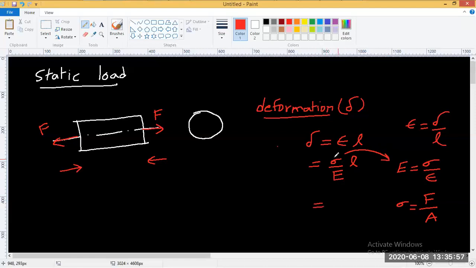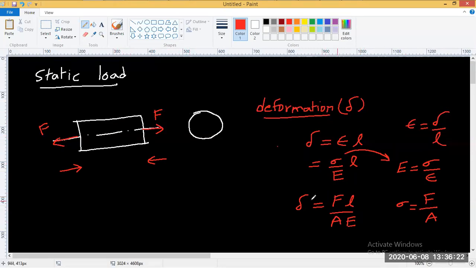If I replace this stress with this equation, I'll get deformation as F L by A E, where F is the force which you are applying on the component, L is your original length, A is the cross-sectional area, and E is the Young's modulus of this particular material.